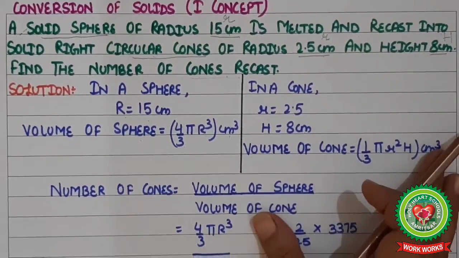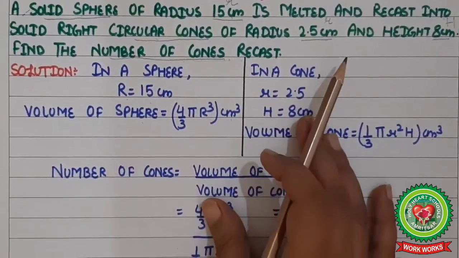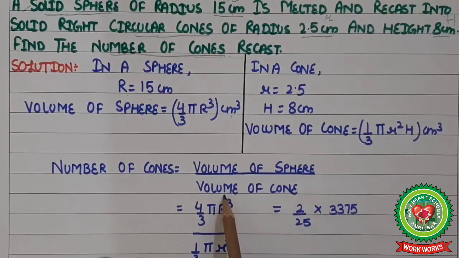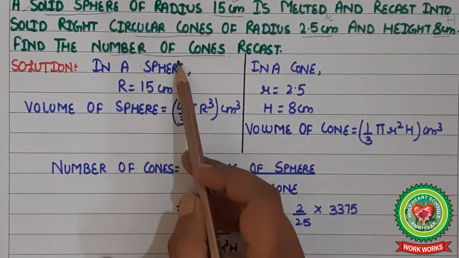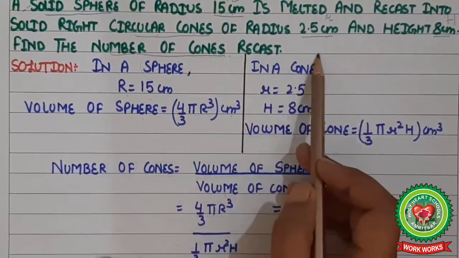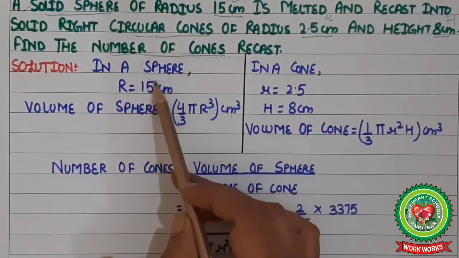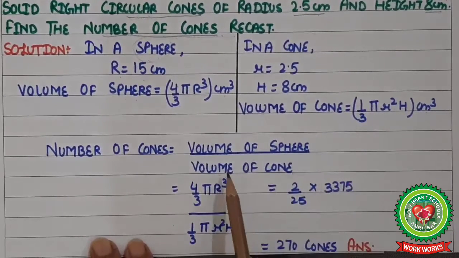Now students, we have to find the number of cones. So what will be the formula? It will be volume of sphere upon volume of cone, because the sphere is the bigger one and we have formed small cones by melting and recasting the sphere. Now put the values: 4 by 3 pi r cube upon 1 by 3 pi r square h.